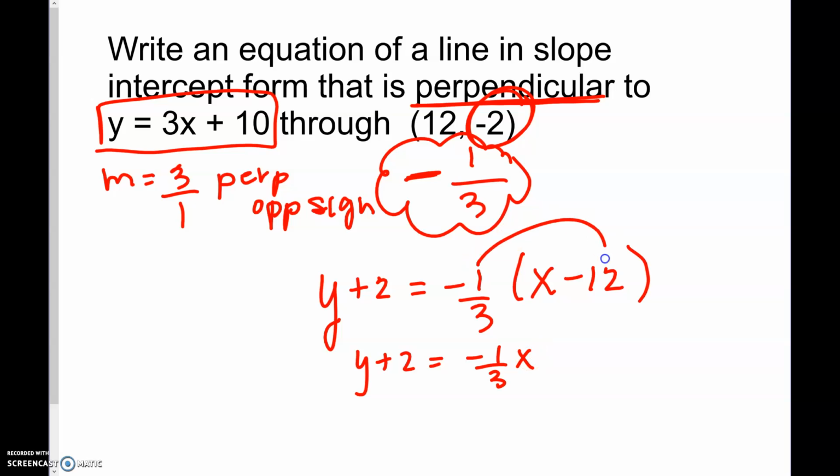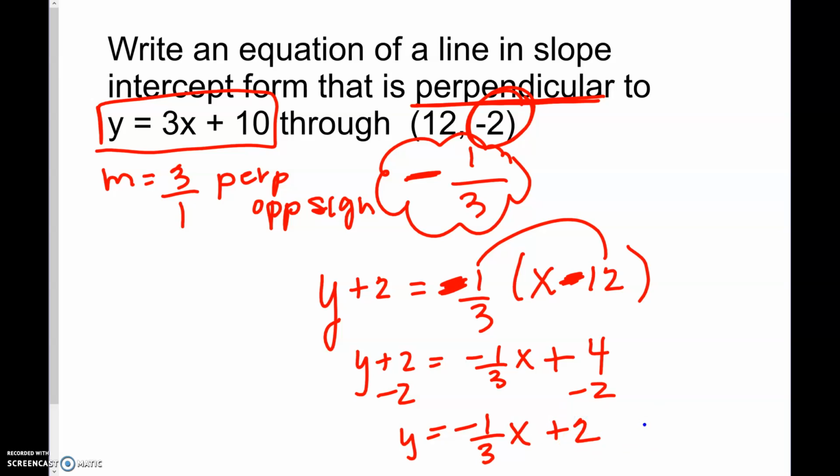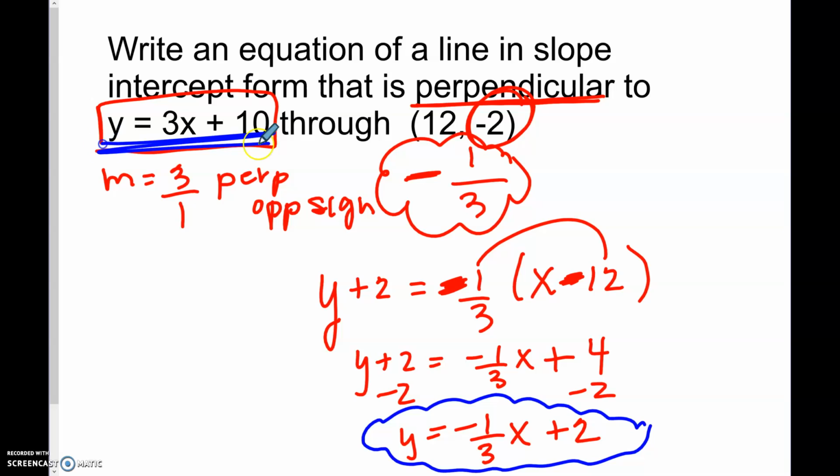Now, when we multiply these together, a negative times a negative is a positive, and 12 divided by 3 is 4. And now I'm going to subtract 2, subtract 2. So y equals -1/3 x plus 2. So this is the final equation that I would be looking for. This is the equation that is perpendicular to the first one given through the point.